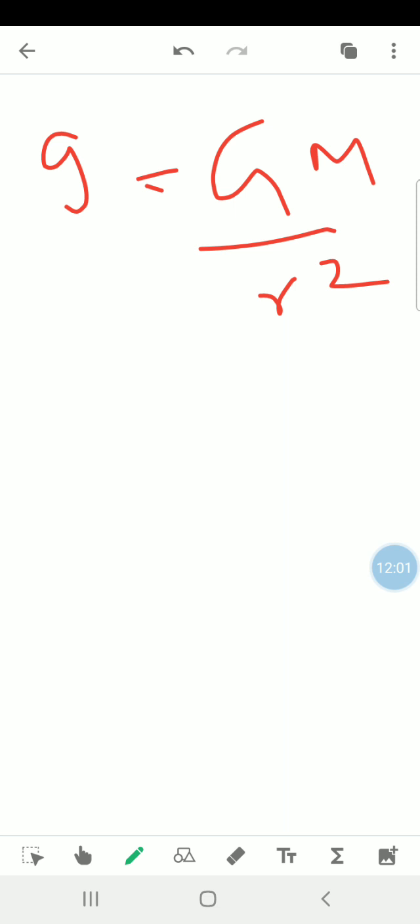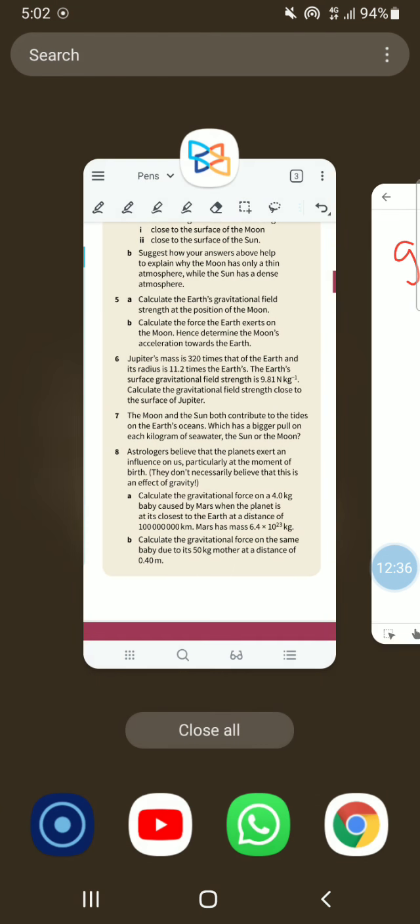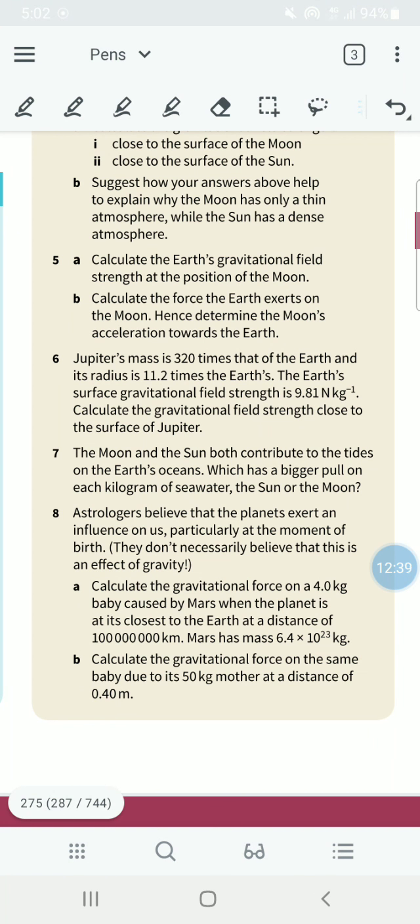Earth has a gravitational field at the surface of 9.81.